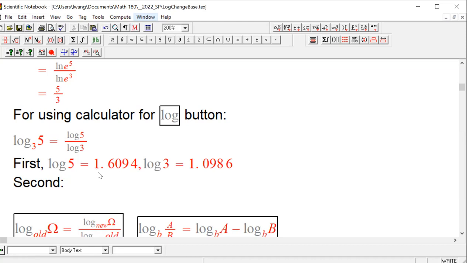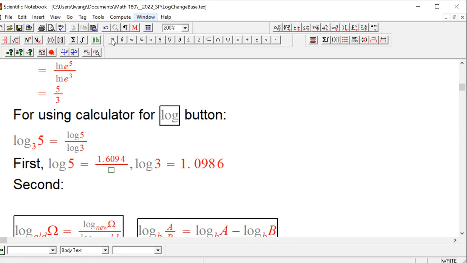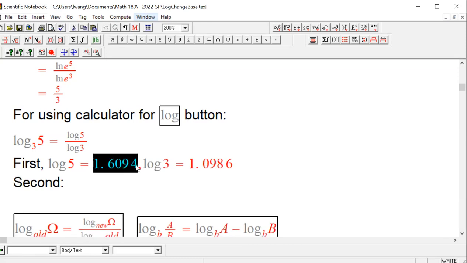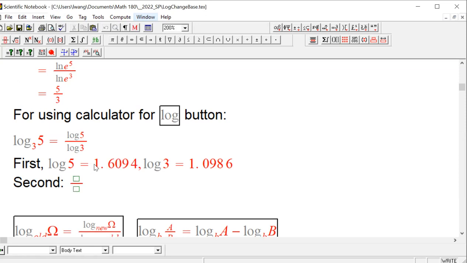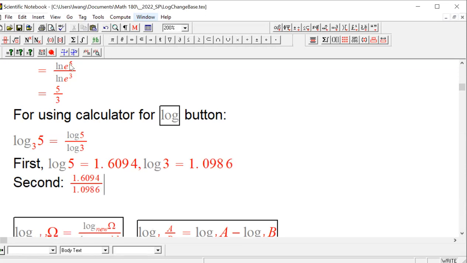Secondly, you're going to take this piece, the numerator, and divide it by the denominator. So that's the order of operation. That's how you do it.